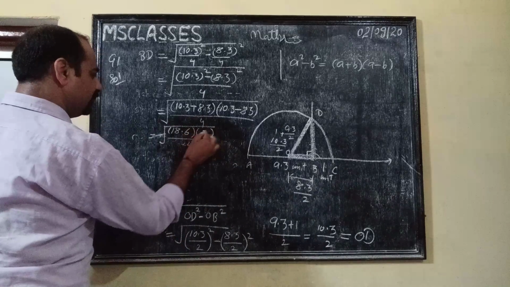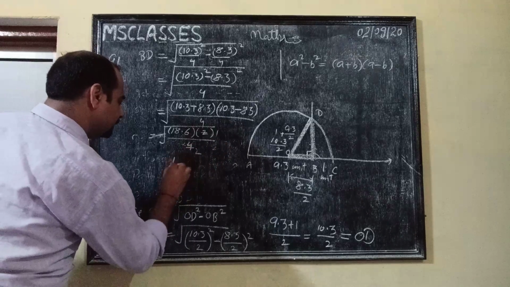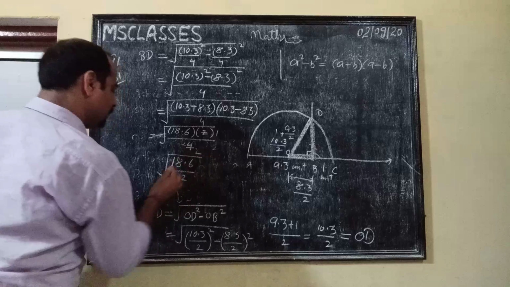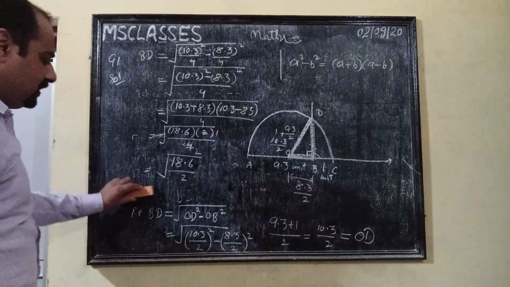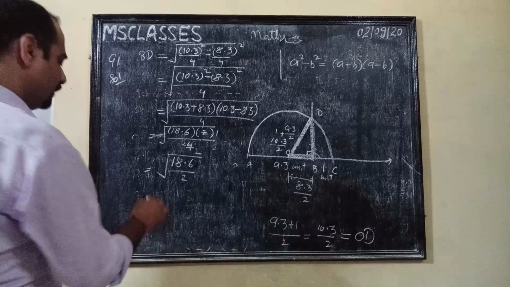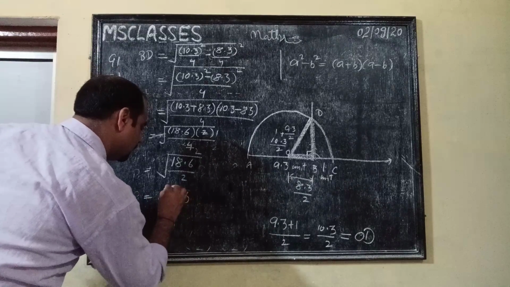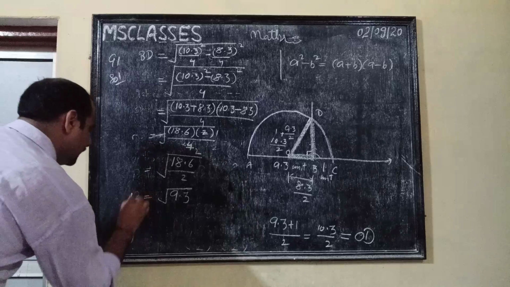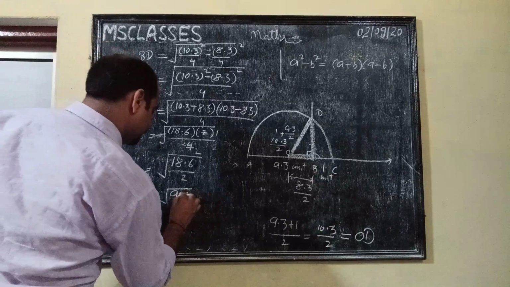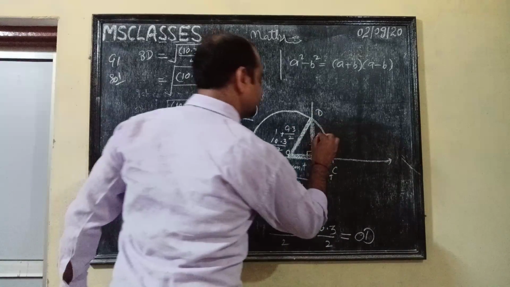And now we divide 2 over 4, this is only 18.6 over 2 under the root, and on dividing 18.6 over 2 we get 9.3 under root. So we get BD is equal to under root 9.3.